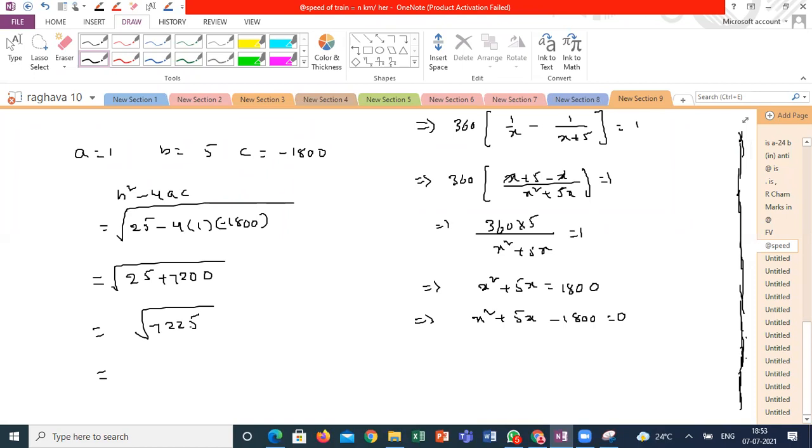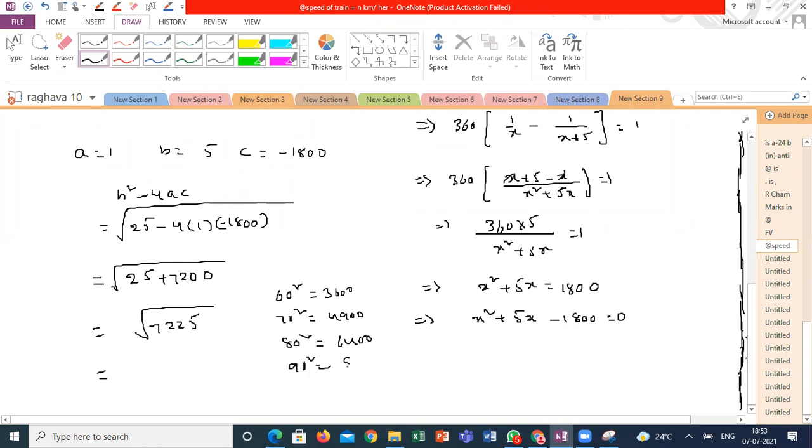Sir, is it root of 85? Yes, sir. Because 60 square is 3600, 70 square is 4,900, 80 square is 6,400, 90 square is 8,100. The answer is between 80 and 90. So 85 is the only possible. Check. So I got 85. So now it is easy to substitute in the formula.